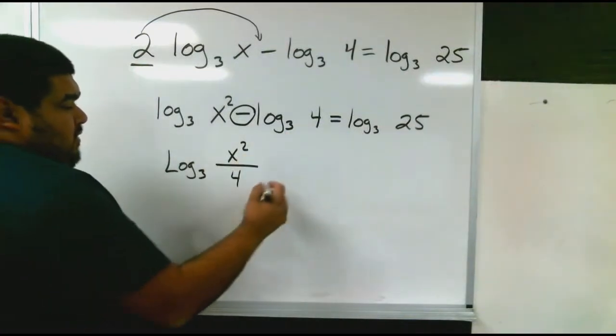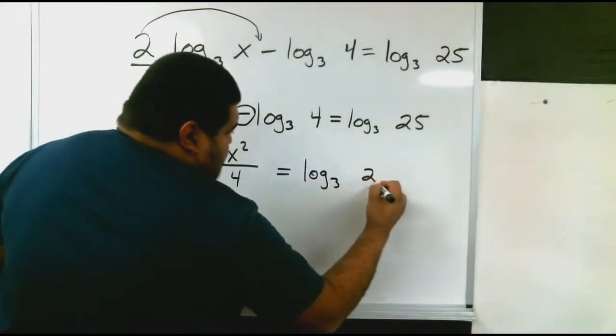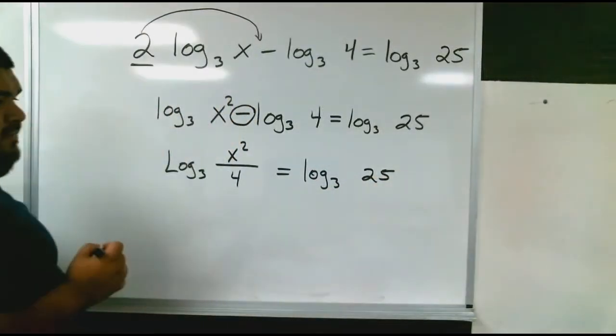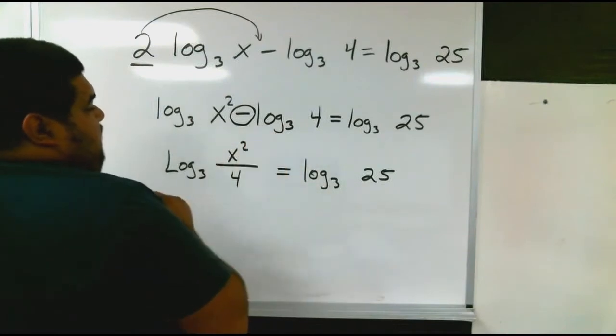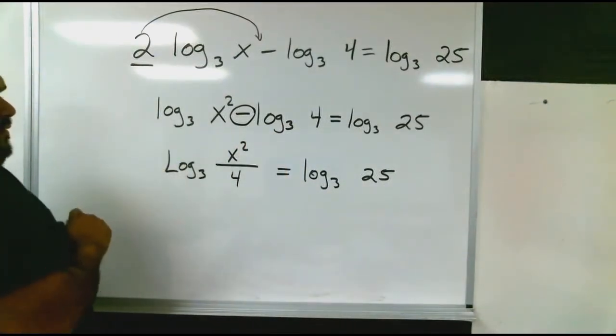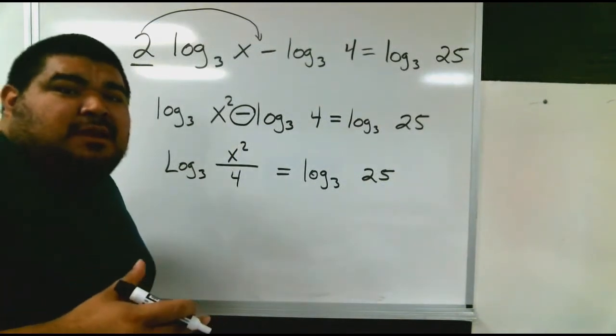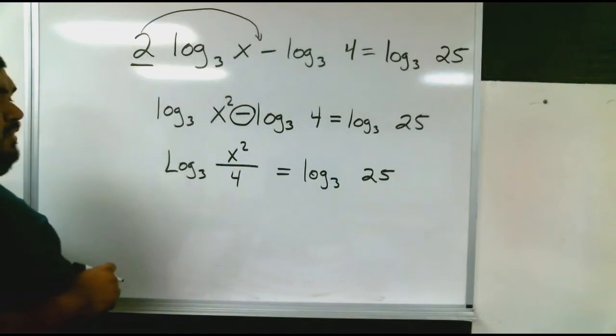Over 4 equals log of 325. Okay, we got rid of this other log because we combined them. We only used one. Think of when you have denominators. You have the same denominator, you combine them, you leave one denominator. So the same with log.